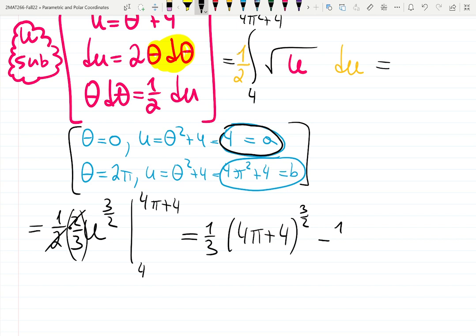Minus 1/3 times 4 raised to the 3/2, also can be simplified. Because the 1/2 power is a square root of 4, and square root of 4 is 2. So it's 2 cubed, which is 8. So actually the second number is 8. Or to be honest, it is 8/3, 1/3 times 8. That is the finite number.